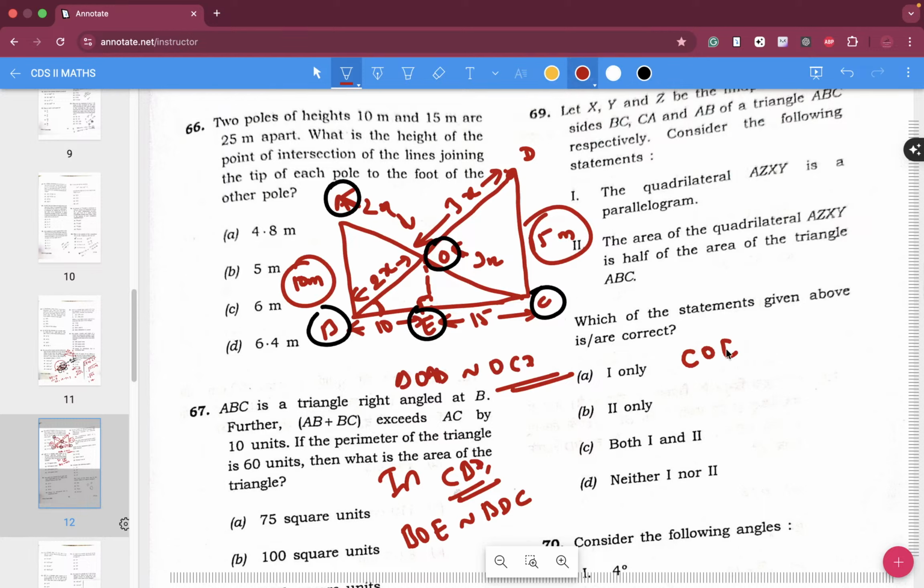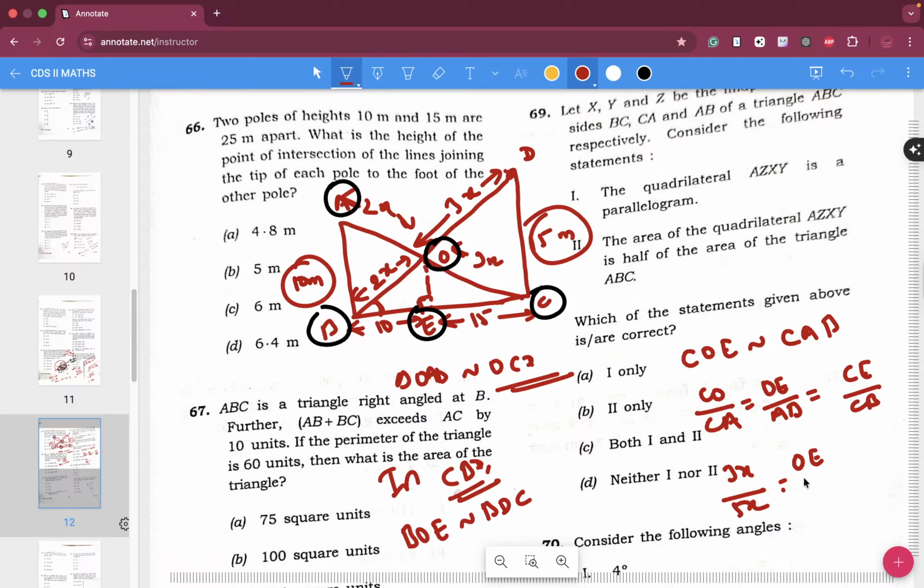Triangle COE is similar to triangle CAB, which means CO by CA is equal to OE by AB is equal to CE by CB. What is the value, do we know? CO value is 3x divided by CA. CA value is 5x. OE value, this is what we have to find out, divided by AB, which is 10.